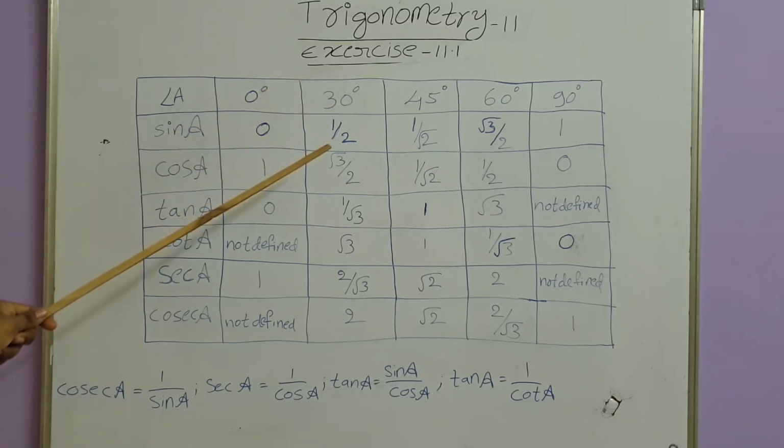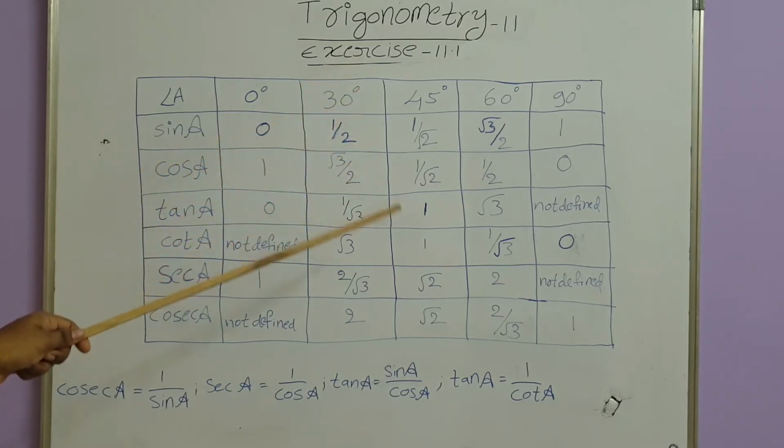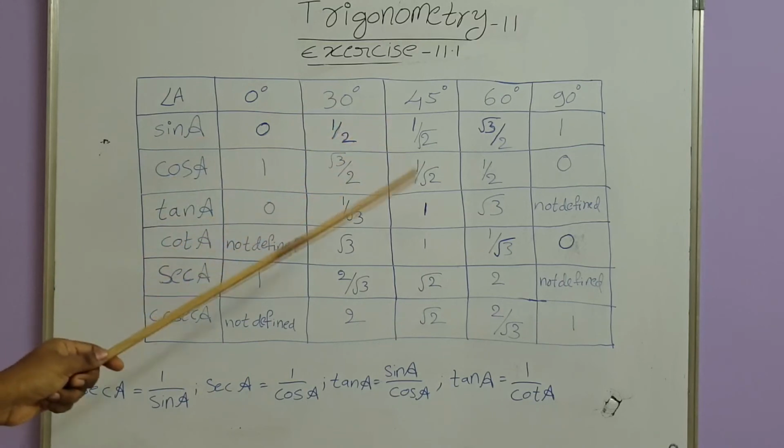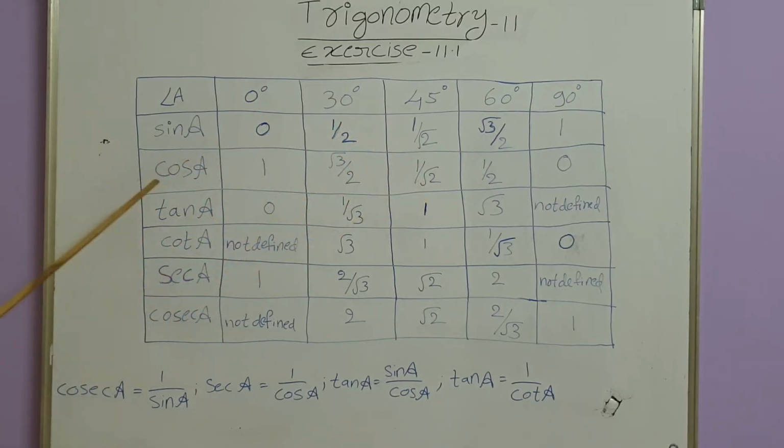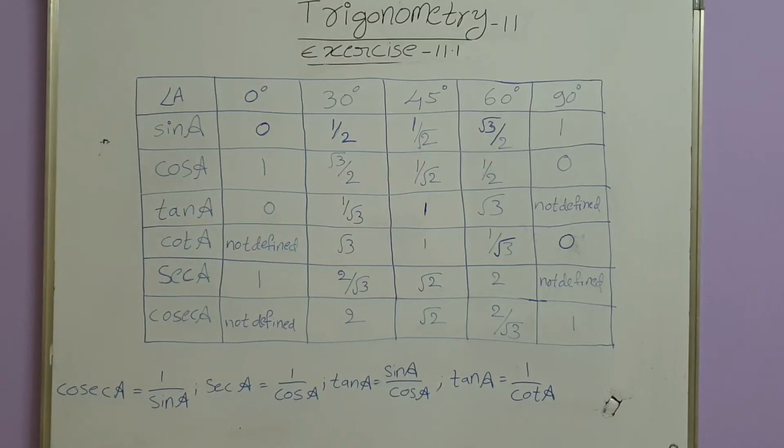Cos 30 degrees root 3 by 2. Cos 45 degrees 1 by root 2. Cos 60 degrees 1 by 2. Cos 90 degrees 0. In this, sin and cos 45 degrees are equal values, and 0 degrees and 90 degrees are opposite values.